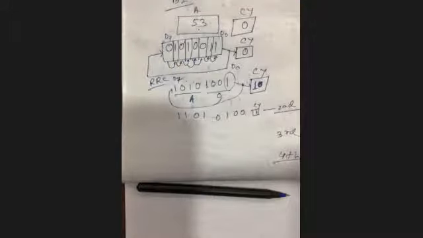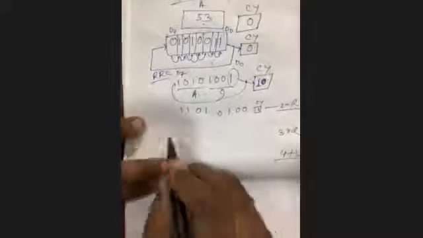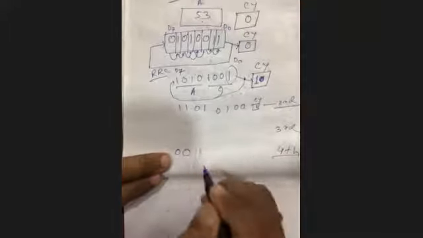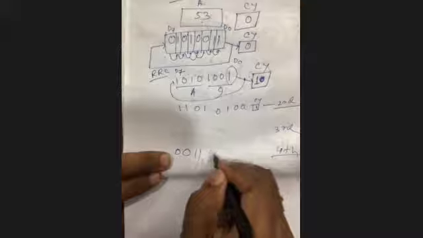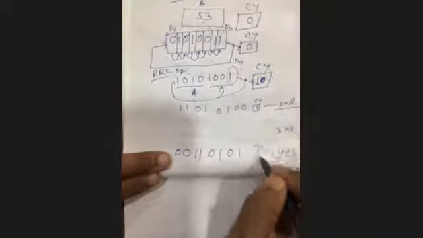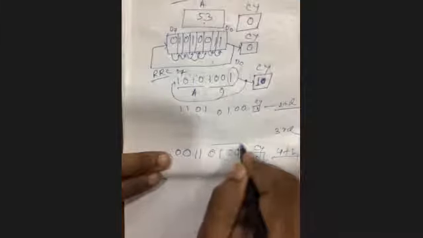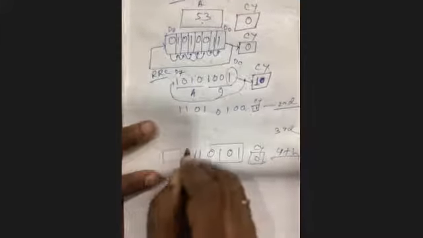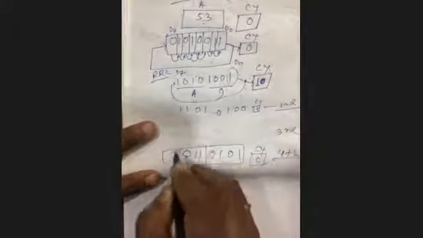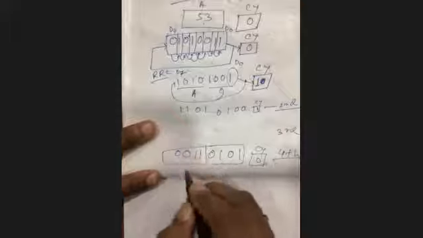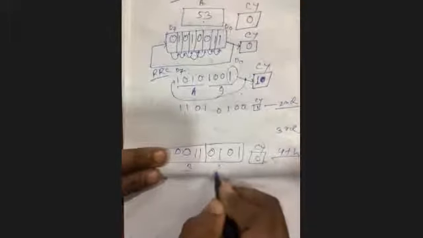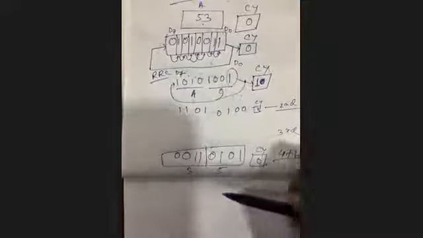Sir, the fourth one will be 0 0 1 1 0 1 0 1. Carry is 0. What will be the content? That is 3 and 5, so 35. So what was our first data?